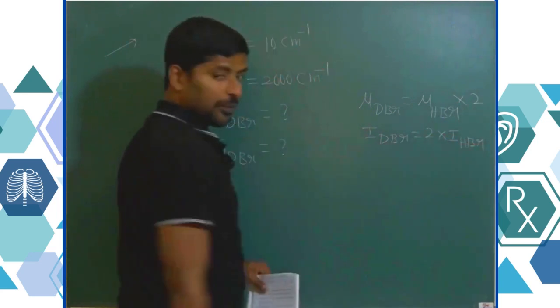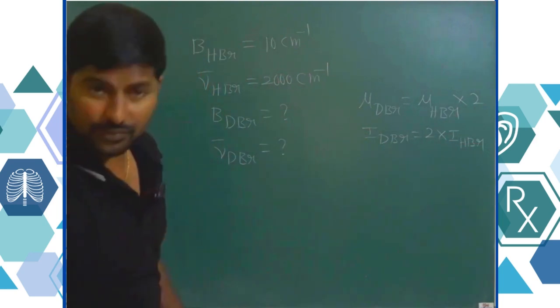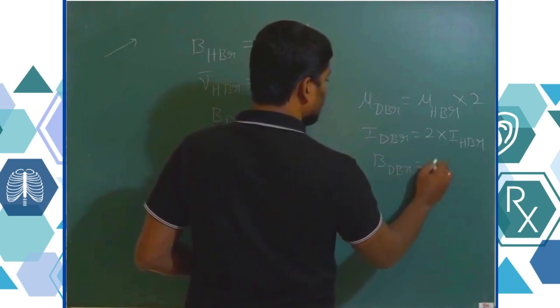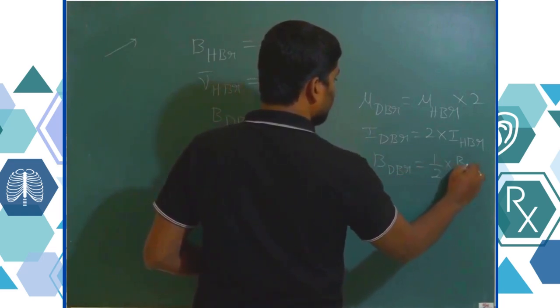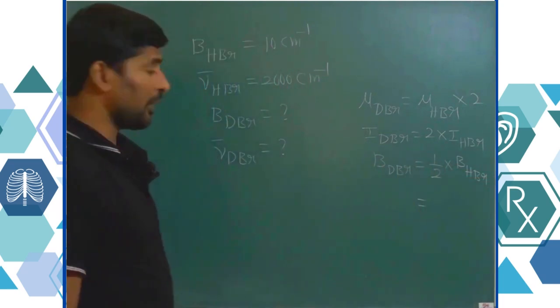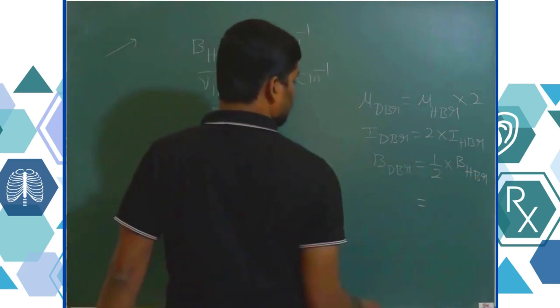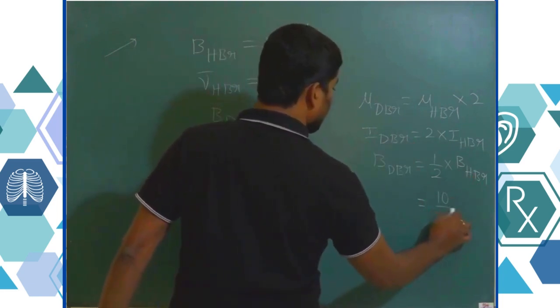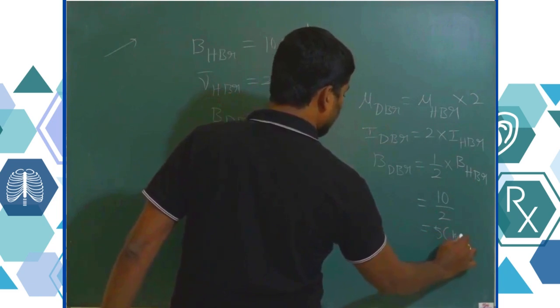But B is inversely proportional to I, since B is equal to h by 8 pi square I c. So B for DBr is 1 by 2 times B for HBr. B of HBr is 10, so 10 by 2, that means we get 5 centimeter inverse.